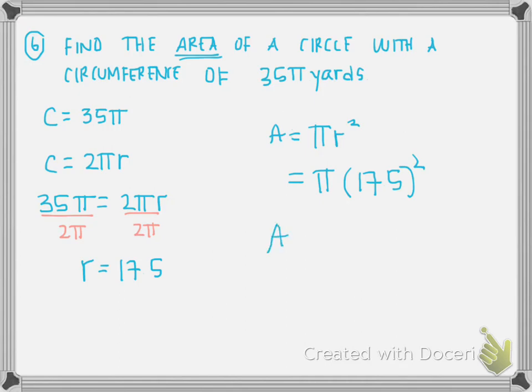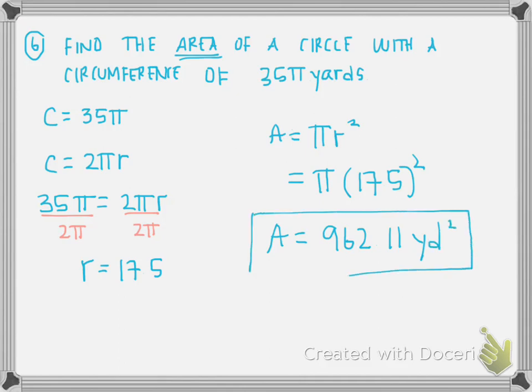So your area is going to look something like 962.11 yards squared. All right, so that's the area and your circumference and how you can work backwards and forwards. All right, y'all have a great day.